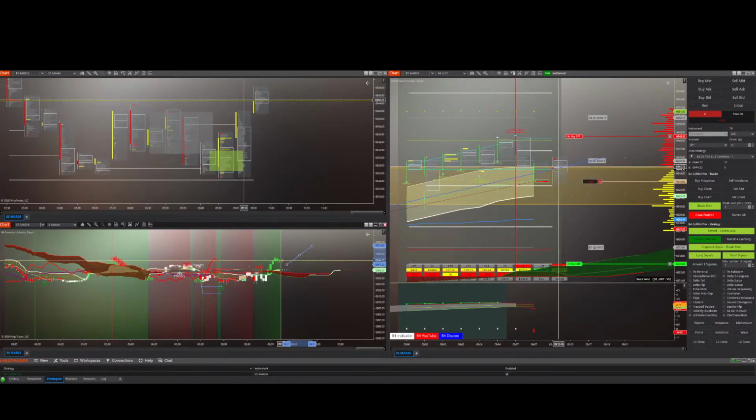I need to stand below that value area right there. I don't want that value area going up. There you go. Come on down.